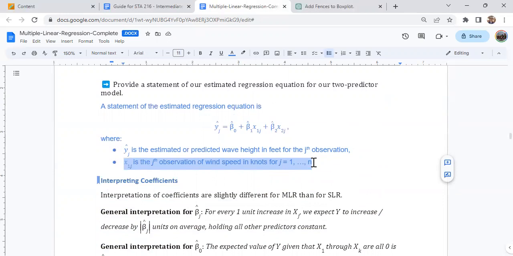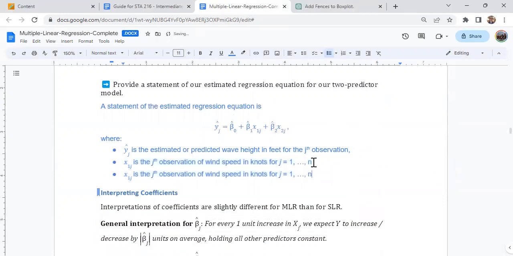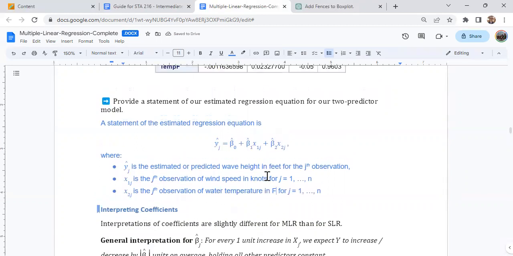We can copy that. And then X2 is the jth observation of water temperature in Fahrenheit, right? Fahrenheit's always a little hard to spell.